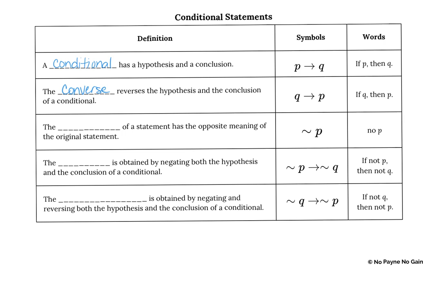All right, next is our negation. So the negation of a statement has the opposite meaning of the original statement. So it is not P. So negation, squiggly line P, or we would say it as not P. All right, next is our inverse.